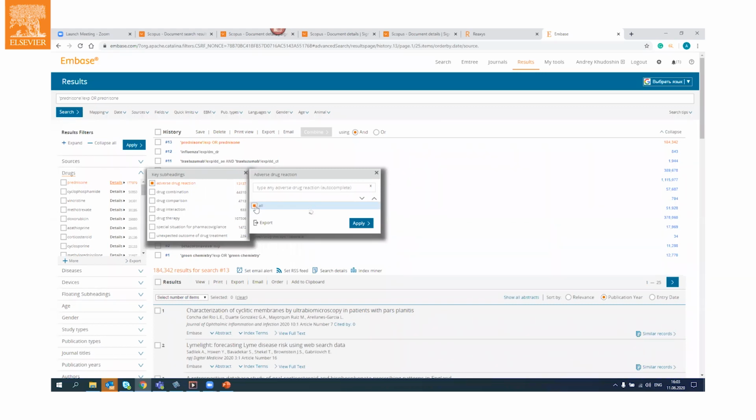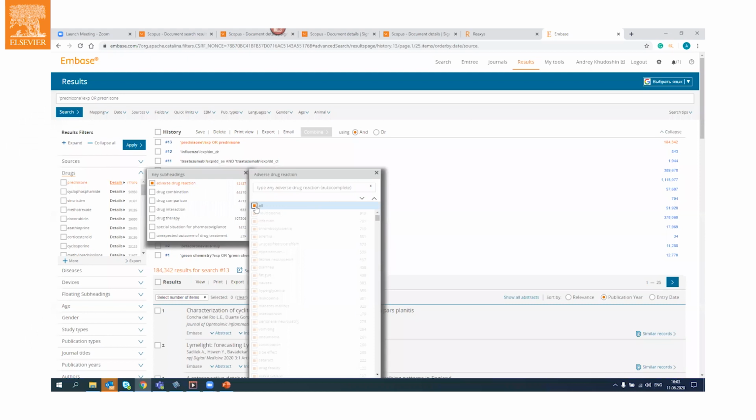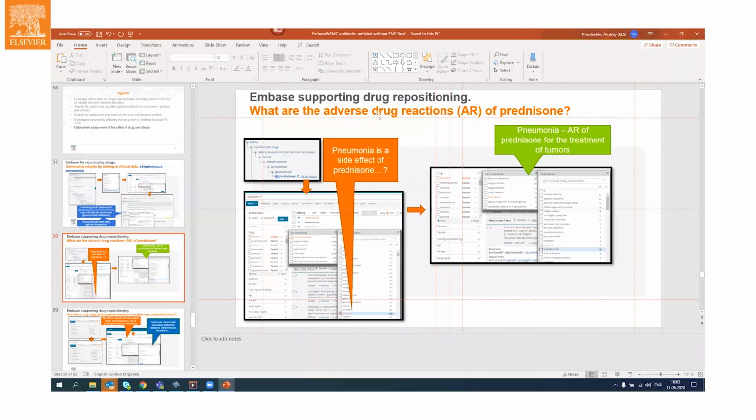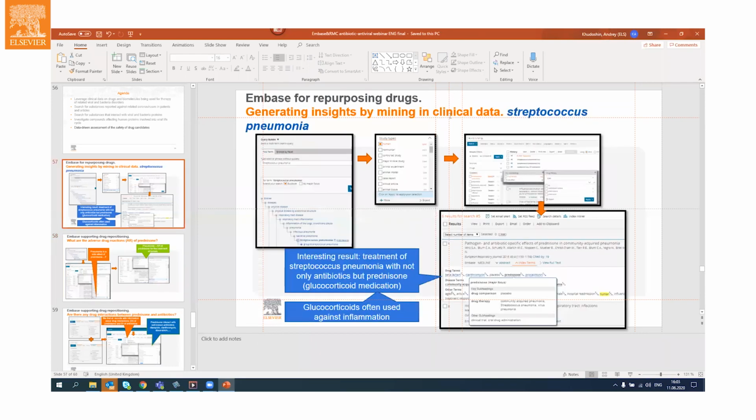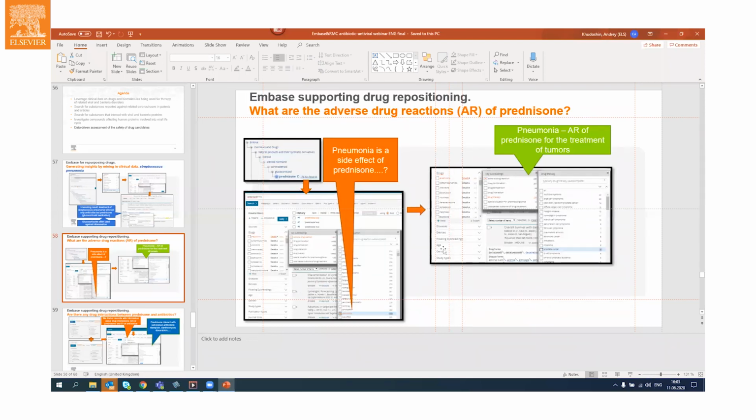So let's wait a little bit because it's loading. You would be really surprised, because you can see that pneumonia by itself is quite a common adverse drug reaction of prednisone. So it maybe sounds a little bit strange when you're trying to treat a disease which can be a side effect of the drug which you are using.